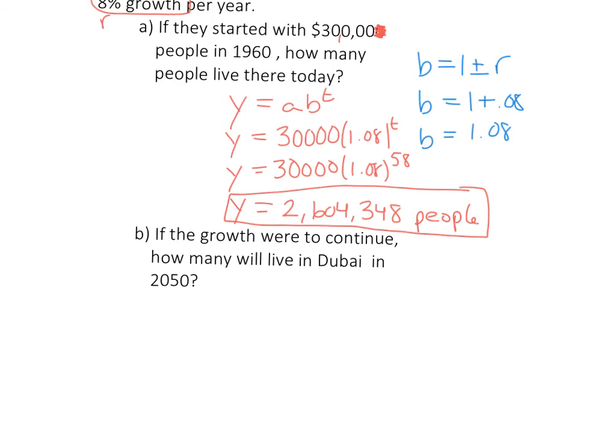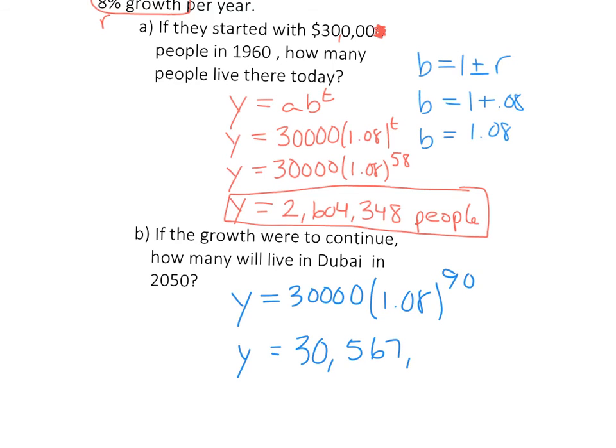So y equals 30,000 times 1.08. And how many years are between 1960 and 2050? 90. Plug that in your graphing calculator, and you get 30,567,453, I think, if you round.